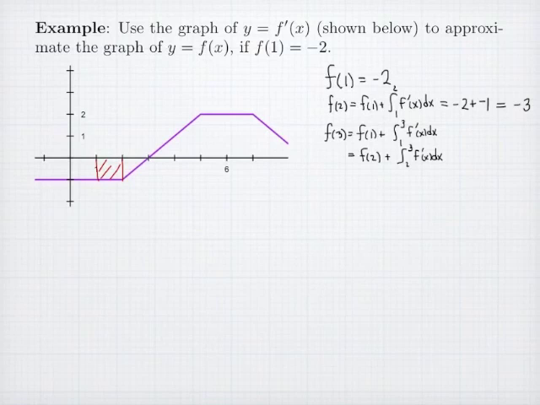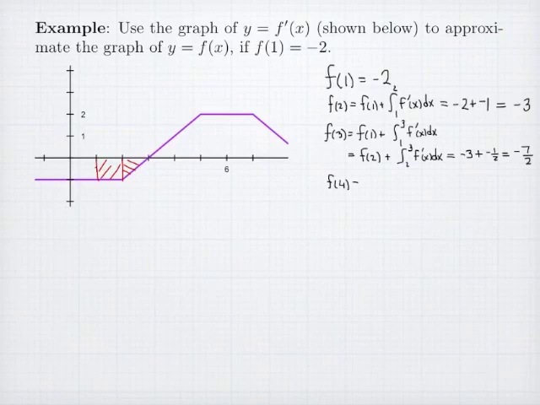The new area that I'm adding is the area of the little triangle, which has area 1/2. So I'll get negative 3 plus another negative 1/2 for a total of negative 7/2.